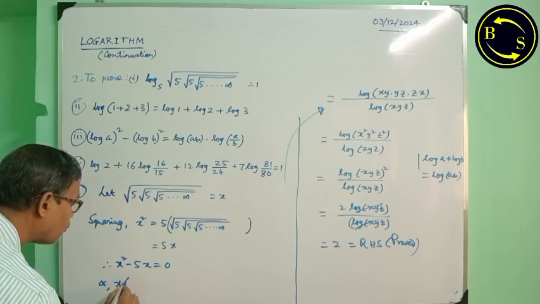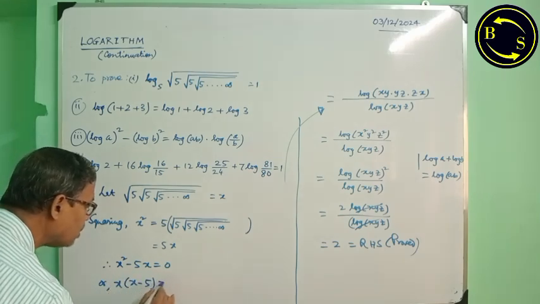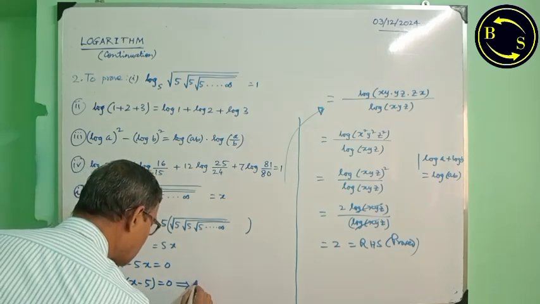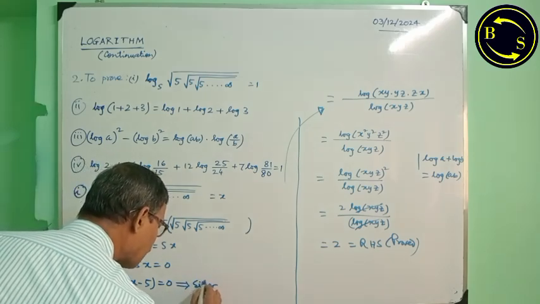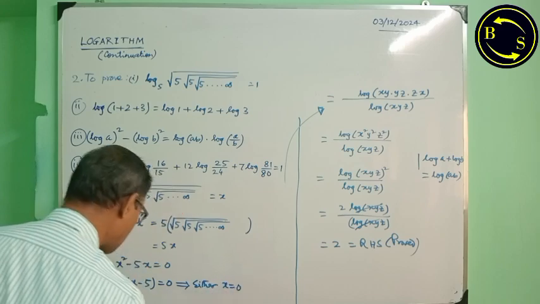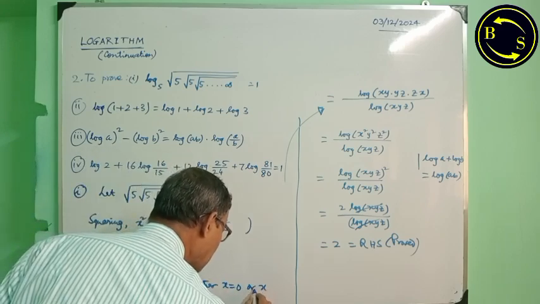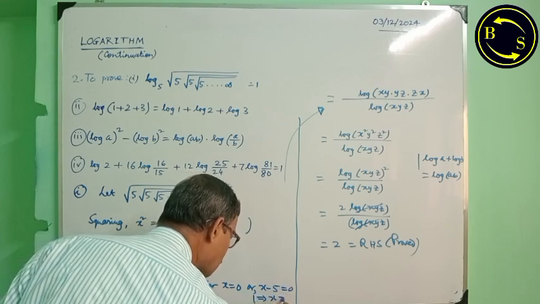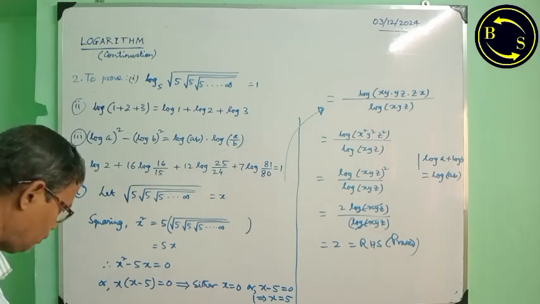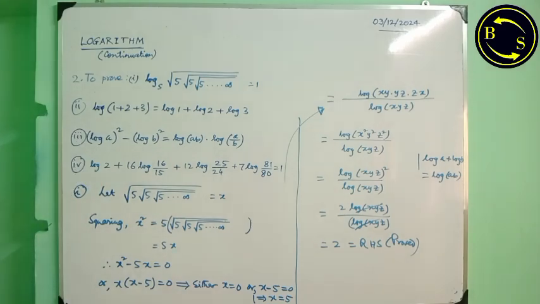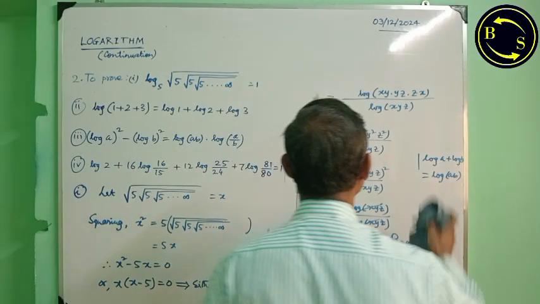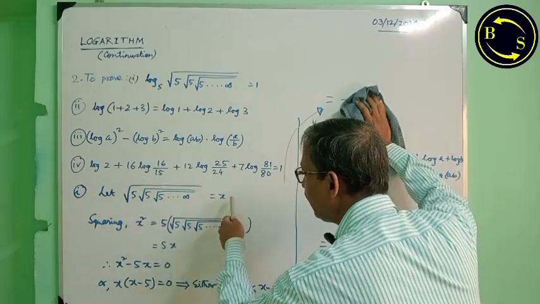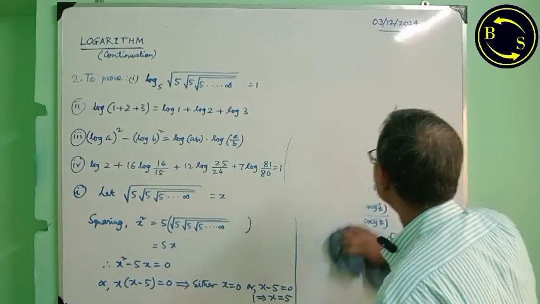Now taking x common factor, x minus 5 equal to 0. From it, we can conclude either x equal to 0 or x minus 5 is equal to 0. From it, we get x equal to 5. Now, x cannot be 0 as square root of some positive numbers. Therefore, x is never 0.